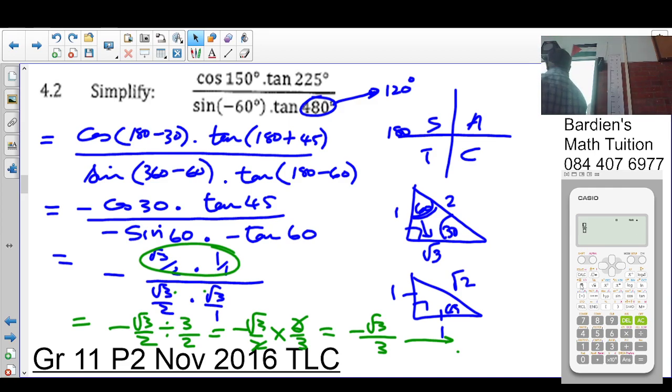So it's going to be cos of 150 times tan of 225 over sine negative 60 times tan 480. Right, this is right. What's the answer I got in the memo?